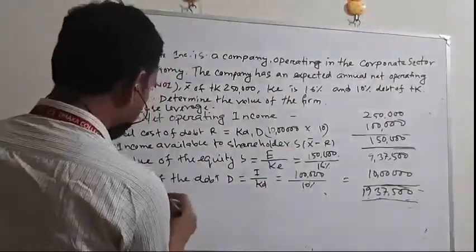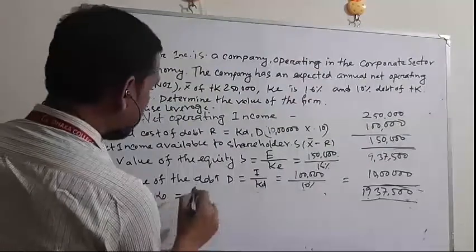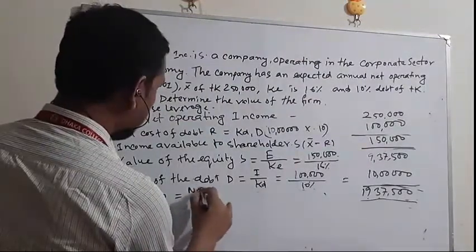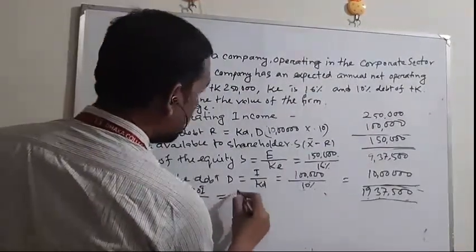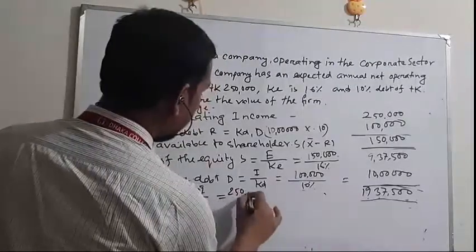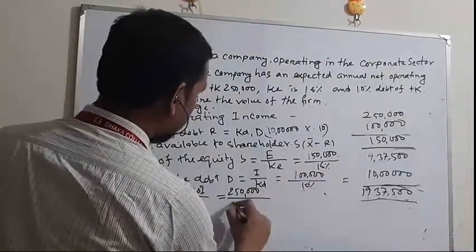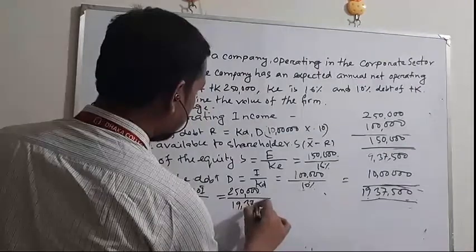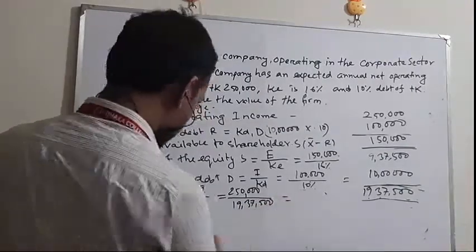Overall cost of capital equals net operating income divided by V. So net operating income is 2,50,000 taka and value of the firm is 19,37,500 taka.